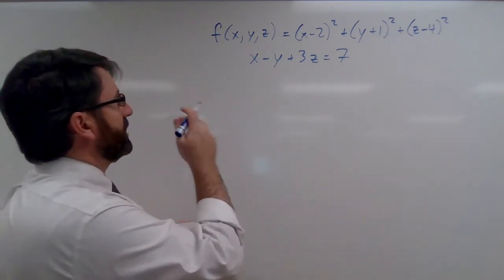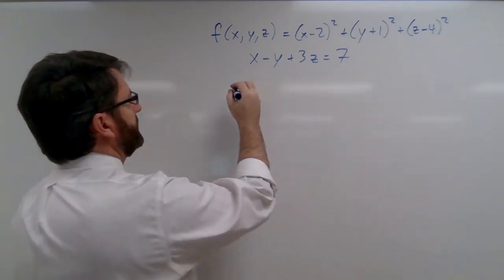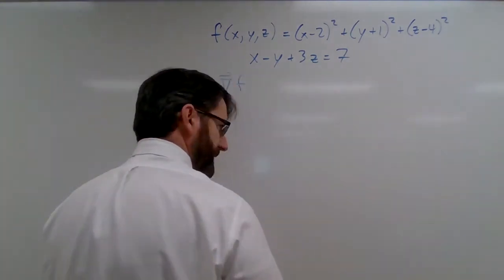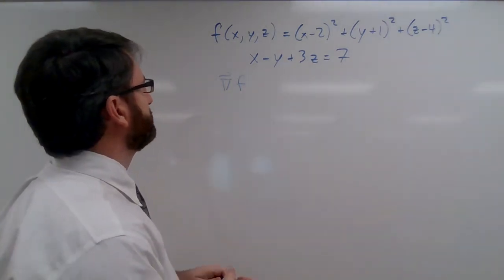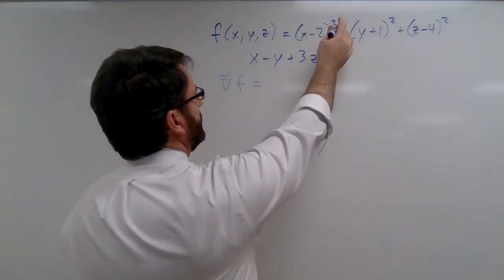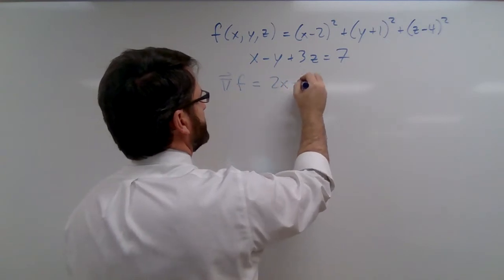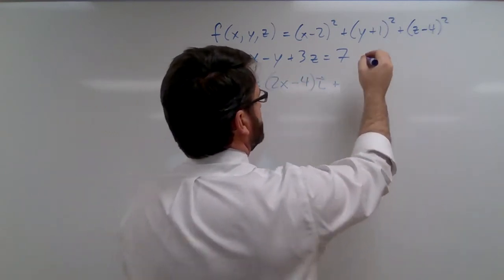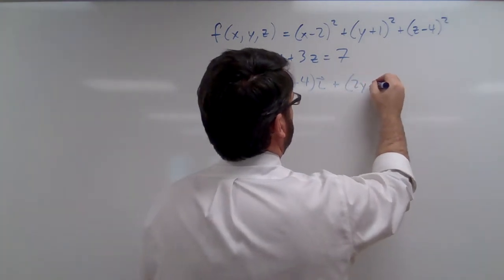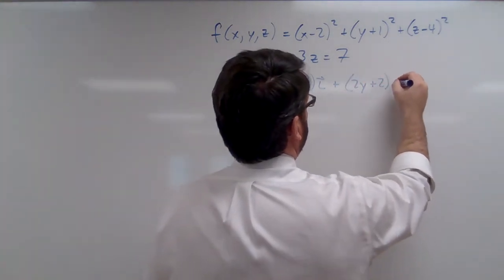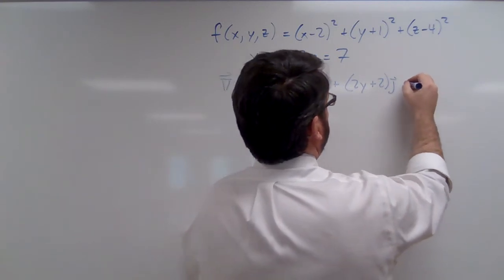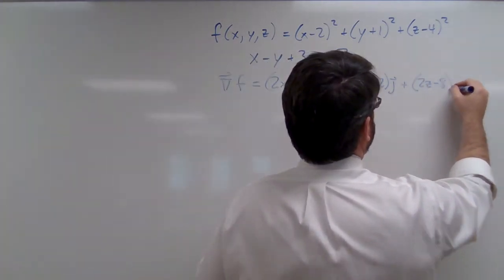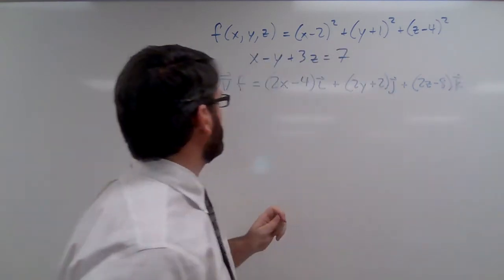All right, so first thing we need to do here is find the gradient of f. So the gradient of f is going to be equal to (2x minus 4) times i plus (2y plus 2) times j plus (2z minus 8) times k.